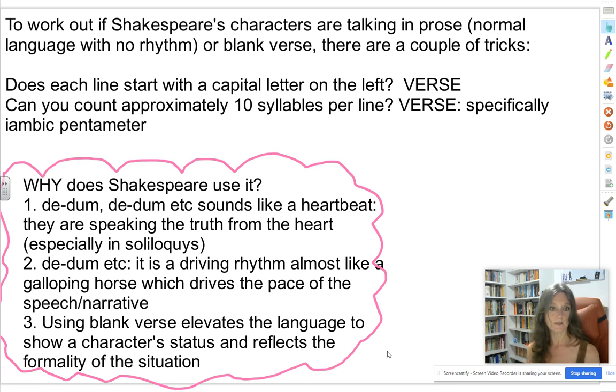So everyone is just talking in prose, except for a couple of very formal exchanges, maybe between Beatrice and the prince, for example. But as I said, in Macbeth, because most of the people are noble and most of the situations are very formal, we see this elevated language. So that's number 3.